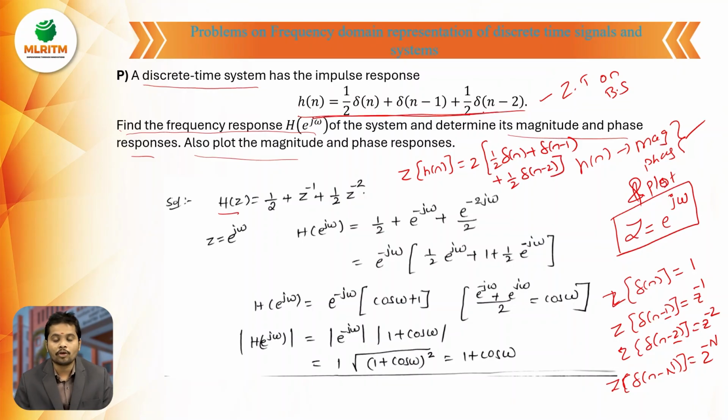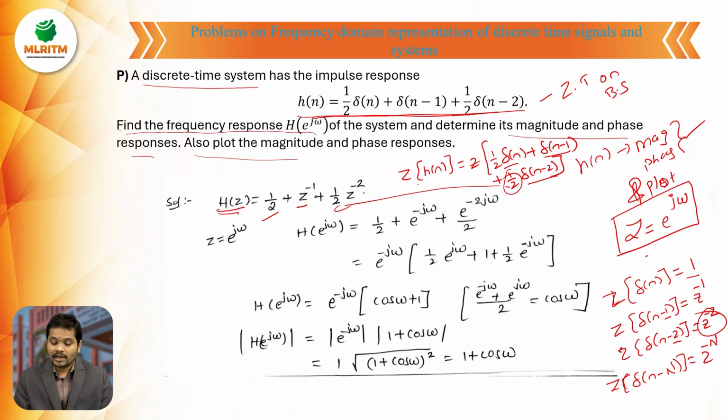Applying it on both sides, z transform of h of n is h of z, and by using the linearity property you can split these terms. Z transform of 1 by 2 del of n gives 1 by 2, z transform of del of n minus 1 is z power minus 1, and 1 by 2 times z transform of del of n minus 2 is z power minus 2.